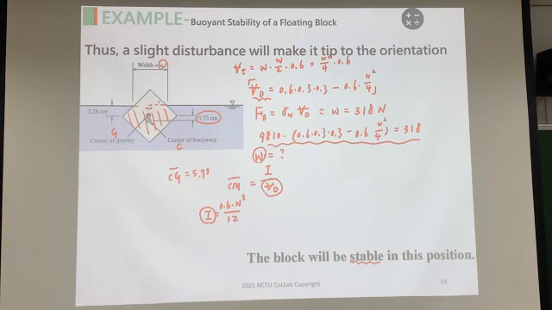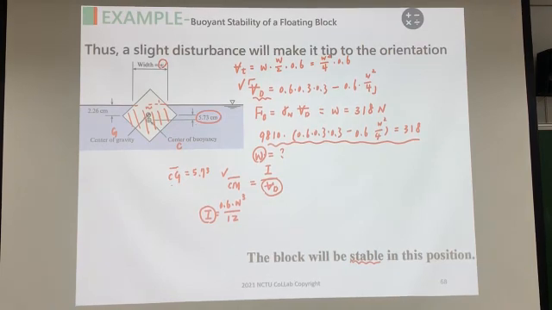And then finally we can say in that position the block is stable. Okay, so we don't have the time to finish, but the two equations: first one is here, and the second one is here.